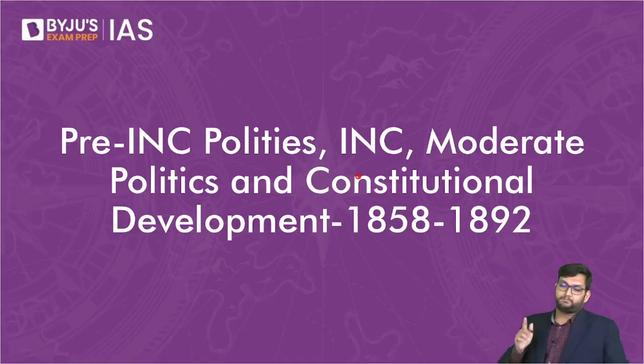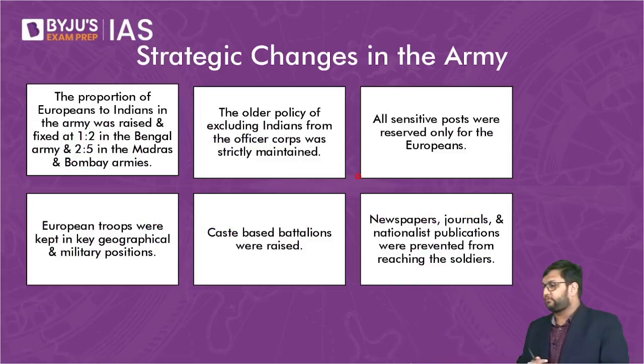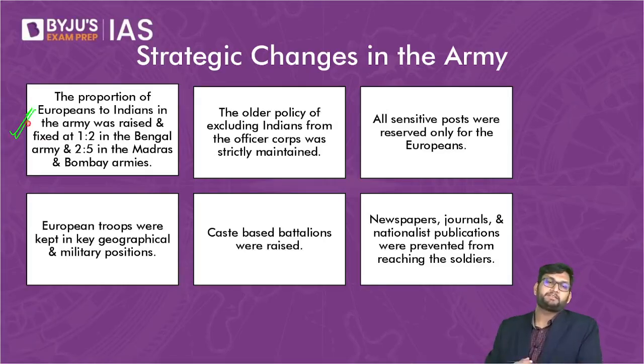Now, one small change which they made in the army, so as to make sure that no 1857 would be repeated, was that first they increased the number of Europeans. Previously it used to be 1:5, one European officer over 5 Indian soldiers; now it became 1:2, and 2:5 in Bengal and Madras. So basically, the number of officers was increased.